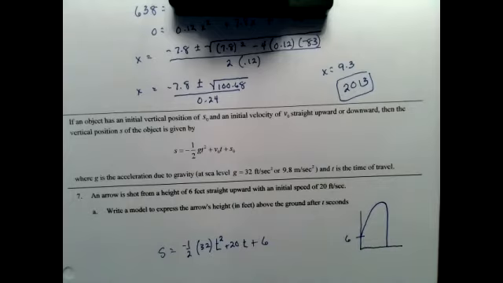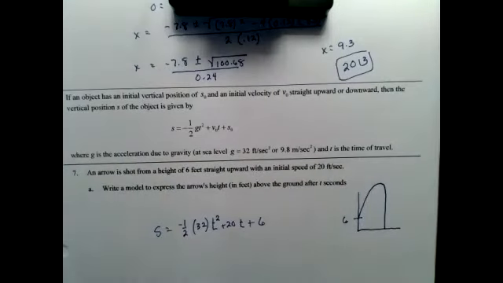This 32 deals with gravity. If you take a physics class, you may have seen that 32 feet per second deal. So I've now come up with an equation that models, in terms of time, how far up in the air this arrow is. If time is 0, that whole thing becomes 0, and you can see its height is 6.